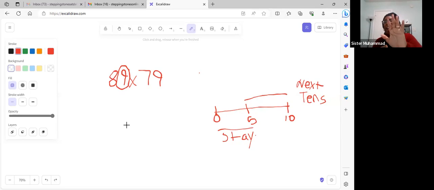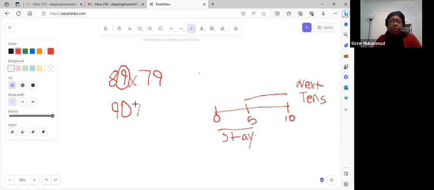So this 89 turns into 90 because whatever's in the ones place turns into a 0.